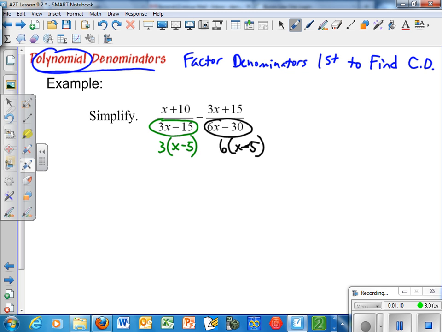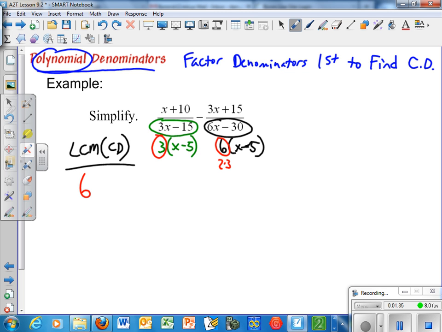All right, so now, what is my least common multiple or my common denominator? I have to look at the 3 and the 6. I want the numeric factors. What's the smallest number they both go into? Well, that would be 6. Or if you think of it the way I broke it down earlier, 6 is 2 times 3.